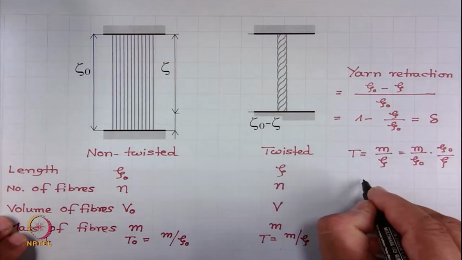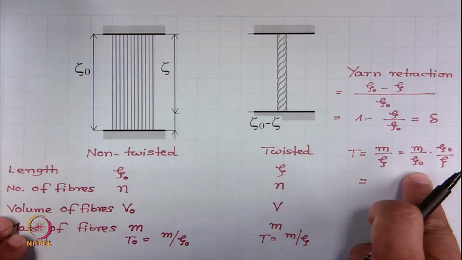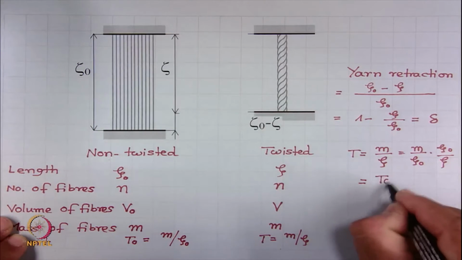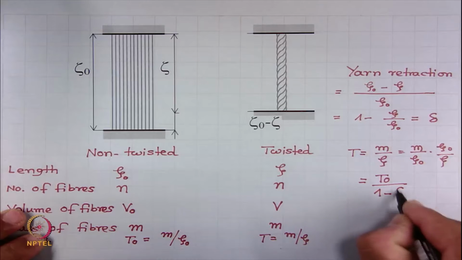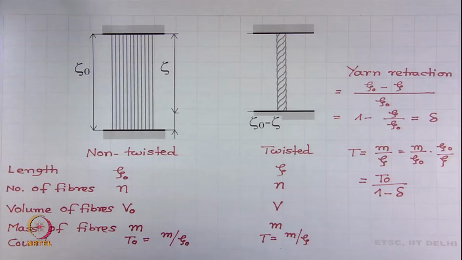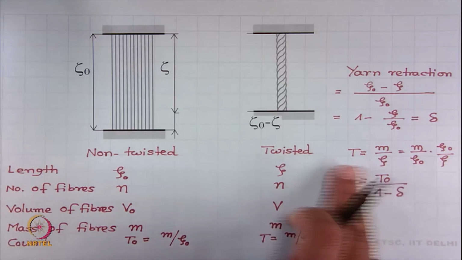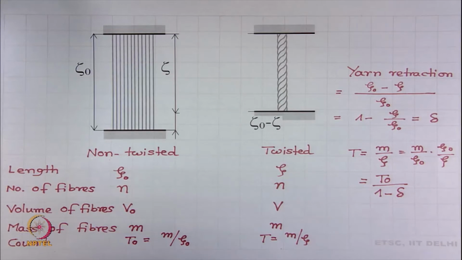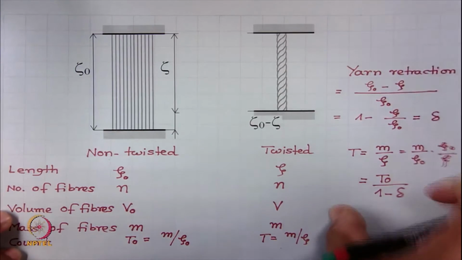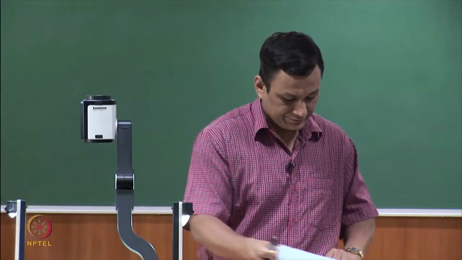What is this? This is T naught, and what is this? This is 1 minus delta, is it not? So, T is equal to T naught divided by 1 minus delta. So, this is the relationship between counts of the non twisted bundle and the twisted bundle. The twisted bundle is yarn. Okay. We will continue with this further in order to establish a few more characteristics.